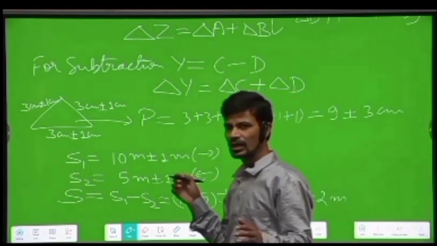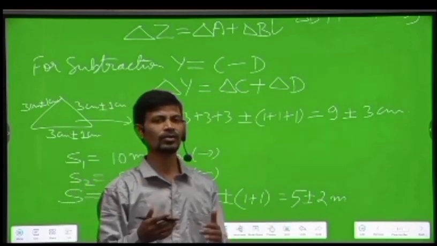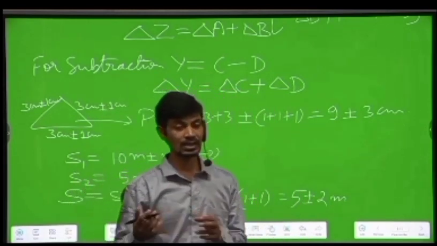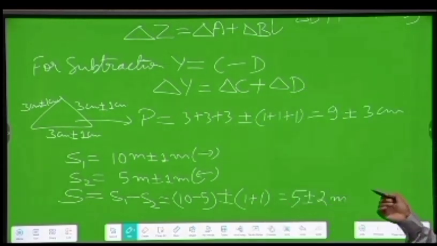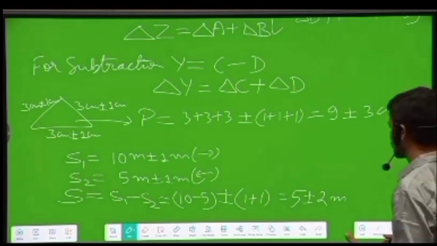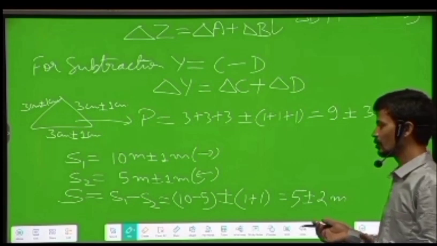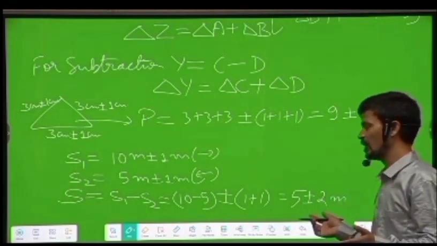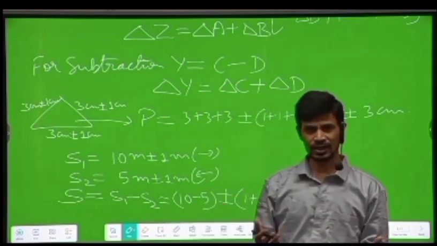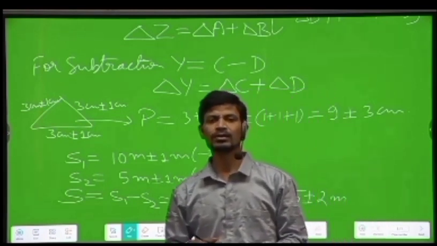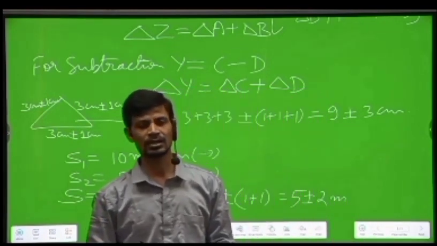So for addition as well as for subtraction, error will always be added, because as I have told you, we consider the worst case, and in a worst case situation it will go like that. We try to find the maximum error, whatever be the possible value of error in that observation. So if there is an error, it might get subtracted also, of course, but once again we consider the worst case.